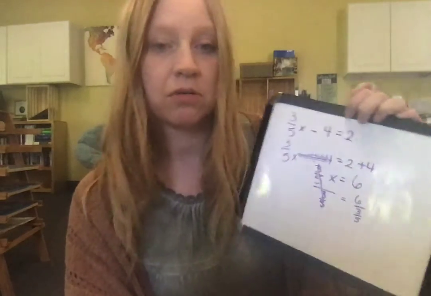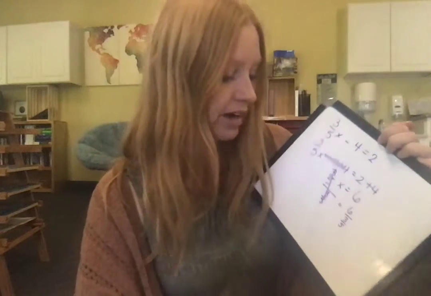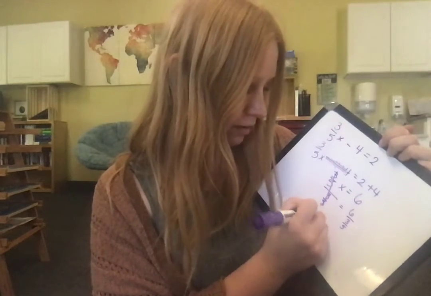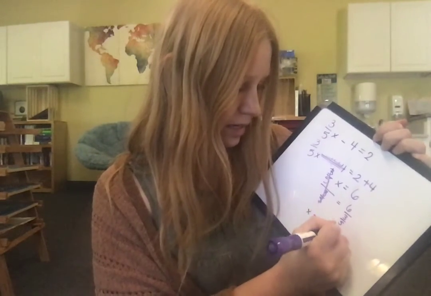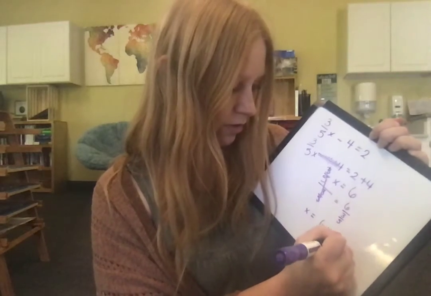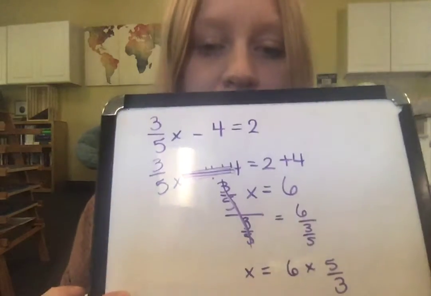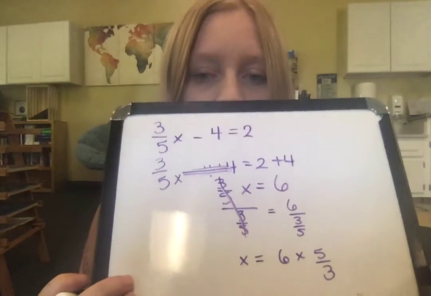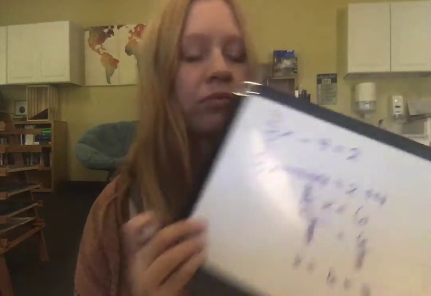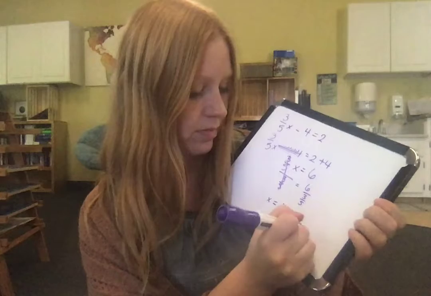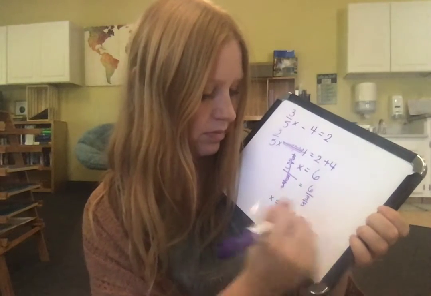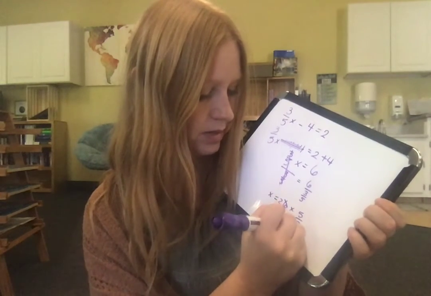But now, when we're dividing something by a fraction, we're really multiplying by the reciprocal. We're left with x equals 6 times 5/3. X equals 10.